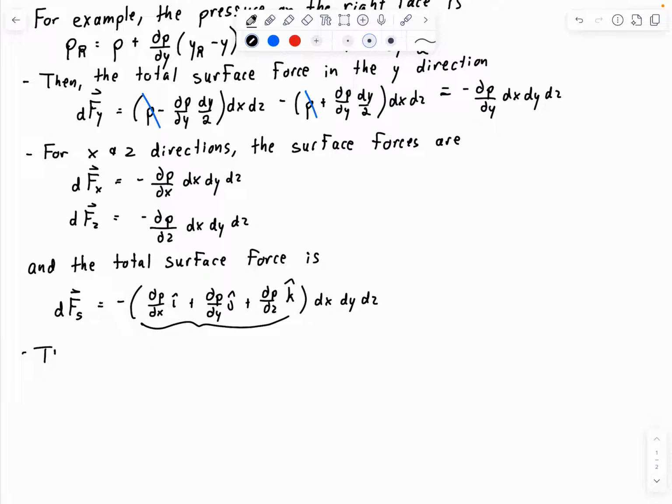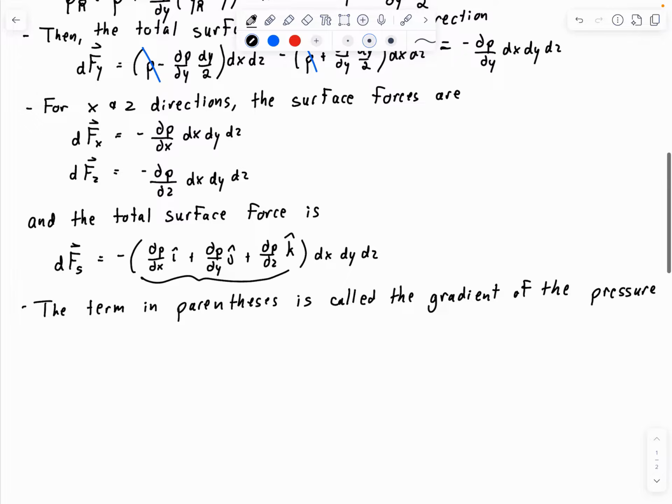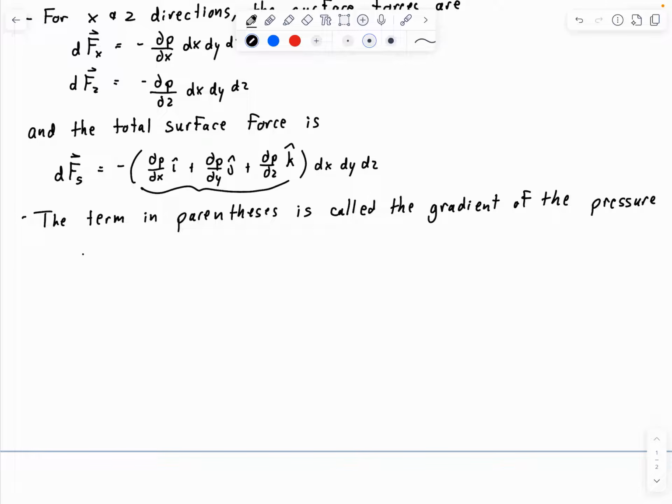And that is, in fact, the gradient of the pressure. So I'm going to make a note of this, that the term in parentheses is called the gradient of the pressure. And there's a couple different ways to write this special term. So sometimes you'll see this written as grad P, like this.